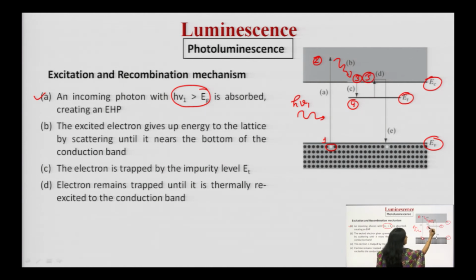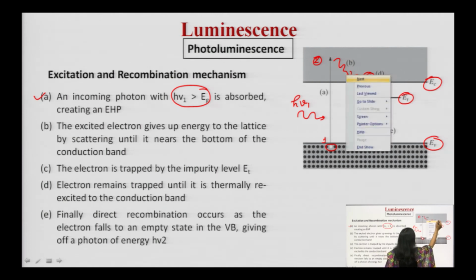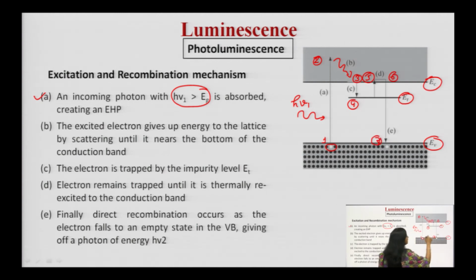Finally, there will be a direct recombination from point number 6 to 7. The electron falls directly from the conduction band to the valence band and recombination takes place.